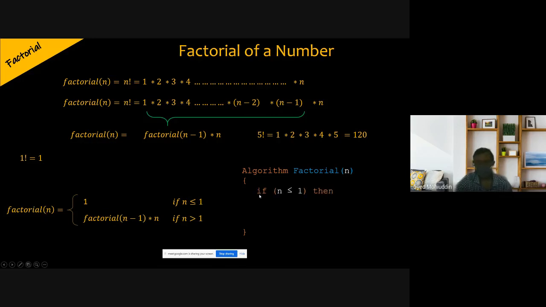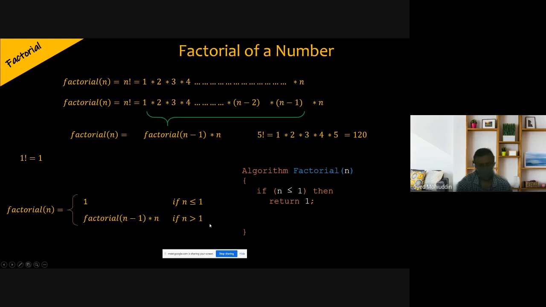First, we need to handle the base case. If n is less than or equal to 1, then we return 1. Factorial of 1 is 1 itself.